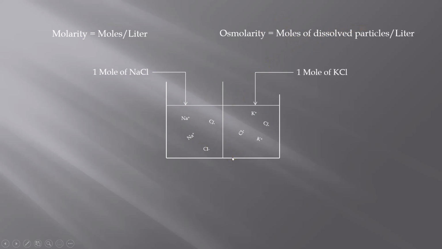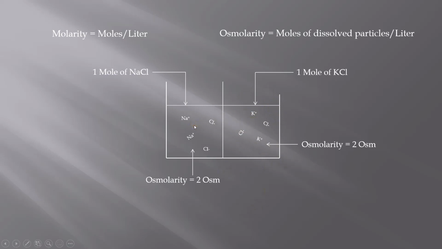And so we refer to this as being 2 osmolar because you have a mole of sodium and a mole of chloride, or a mole of potassium and a mole of chloride. In this particular situation, you have equal number of total dissolved particles, and it doesn't matter that this side has potassium and this side has sodium.